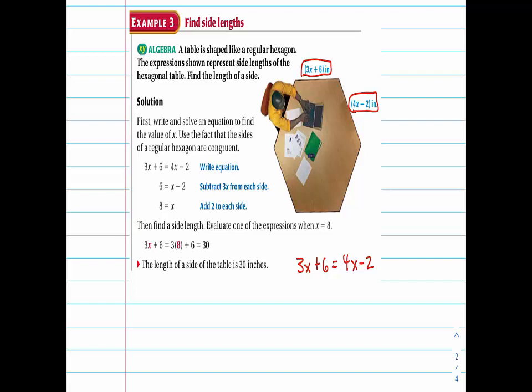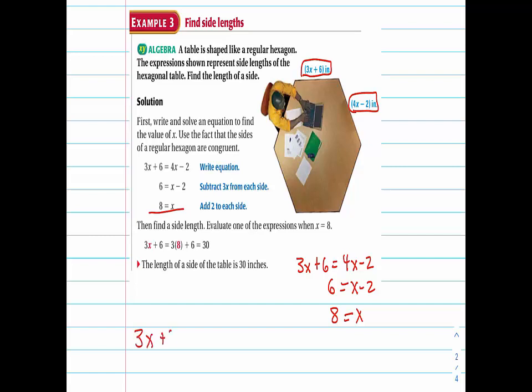So we want to find the length of each side. Well, let's solve this equation. If I subtract 3x from both sides, I get x minus 2 equals 6. And then if I add 2, I get x equals 8. You can see we did the work up here. So if I want to know the length of a side, I can just go back to either one of these.